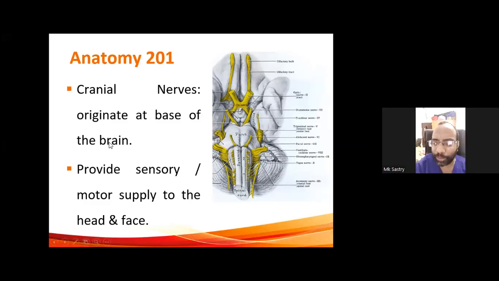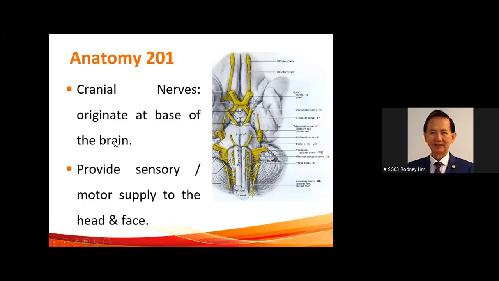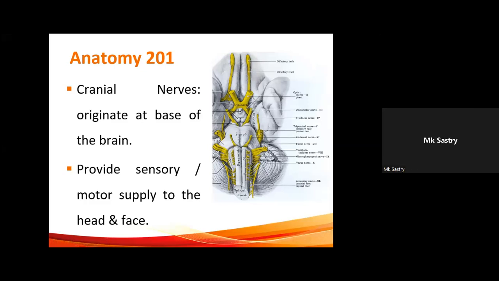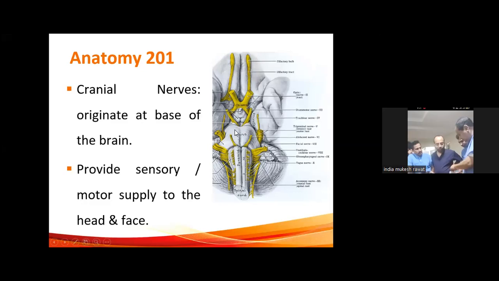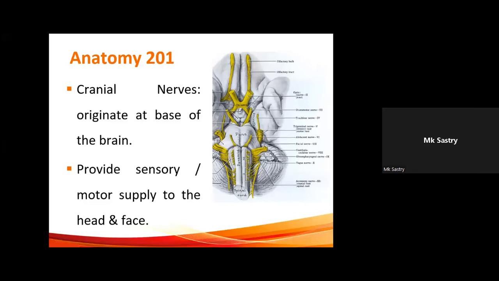And which is the most important one? All cranial nerves are important, because they provide sensory and motor supply to the head and face. Right? Yes, sir.